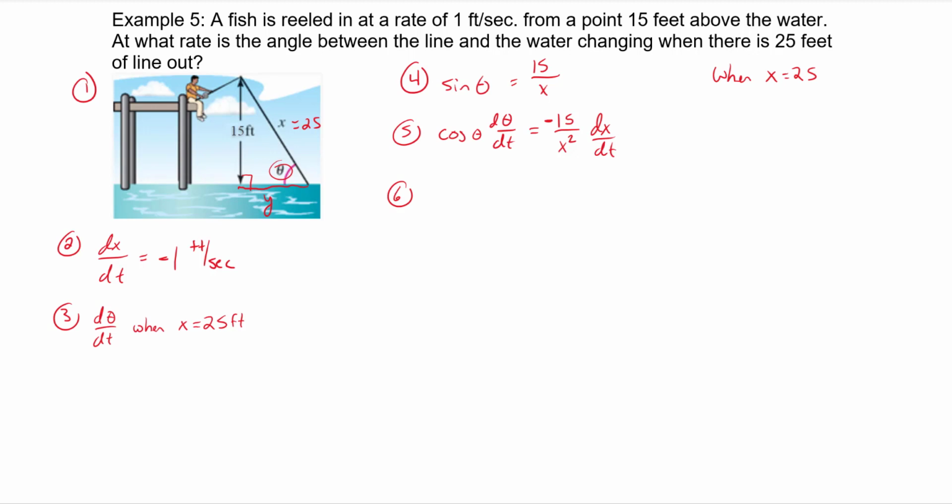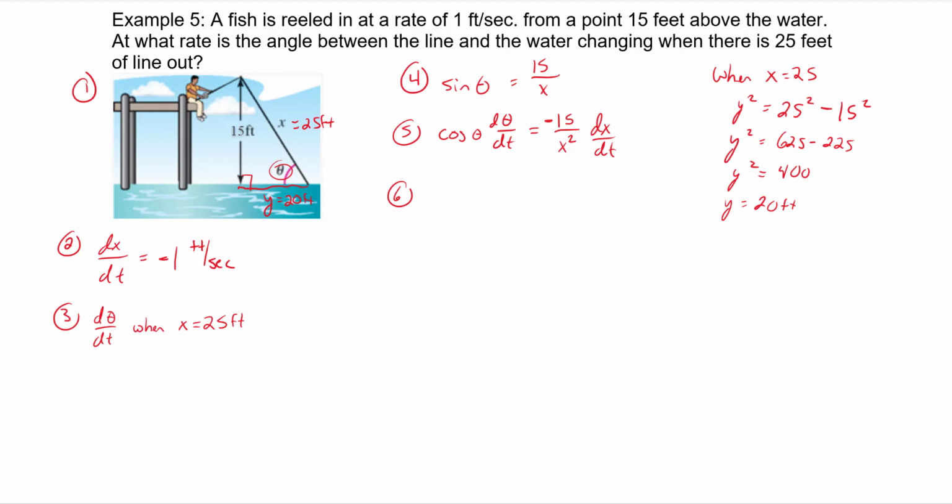When x is 25, we know by the Pythagorean theorem, y squared equals 25 squared minus 15 squared, right? So y squared is 625 minus 225. So y squared is 400, which means y ends up being 20 feet. So y is 20 feet whenever x is 25 feet.